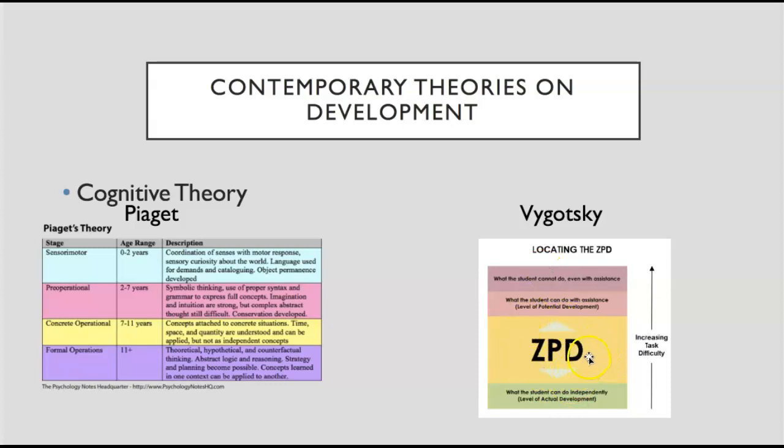And this is where we want the child to be introduced to tasks that are slightly too difficult for them to do on their own, where they might need some slight assistance to help them. If they need more assistance, or they can't do it at all, then that's what Vygotsky referred to as being outside of their ZPD, or zone of proximal development.